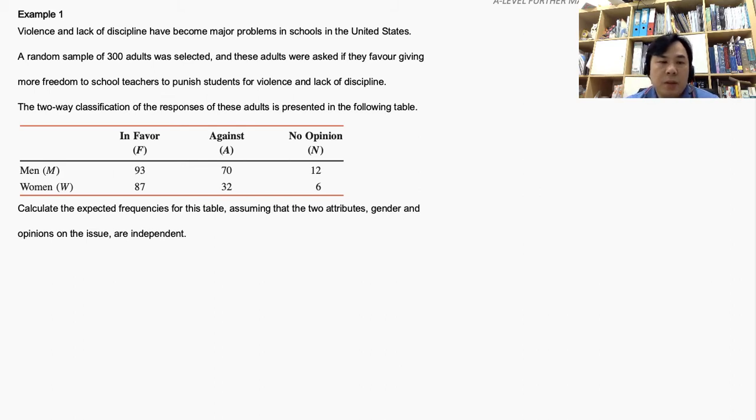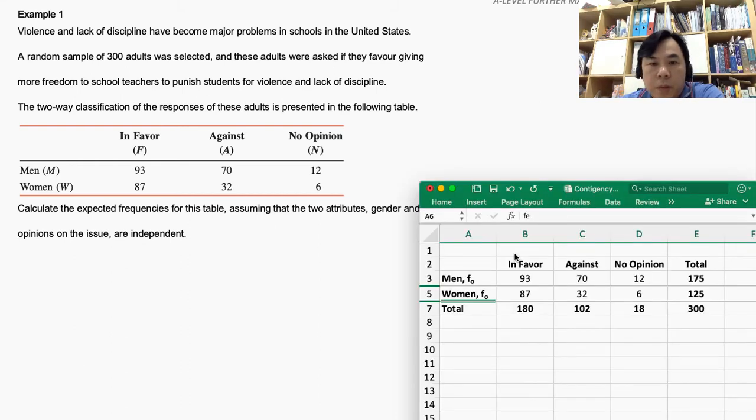Okay, before we move into the chi-square hypothesis testing, let's look at how we calculate the expected frequency. Here I'm going to walk you through with the contingency table. I have prepared the worksheet that captures the information from the sample itself.